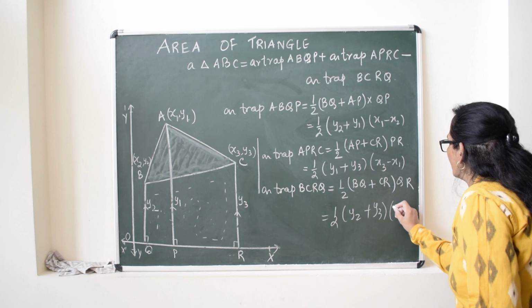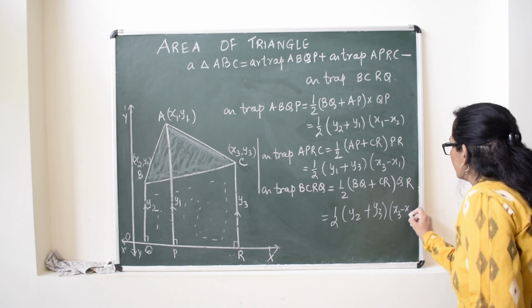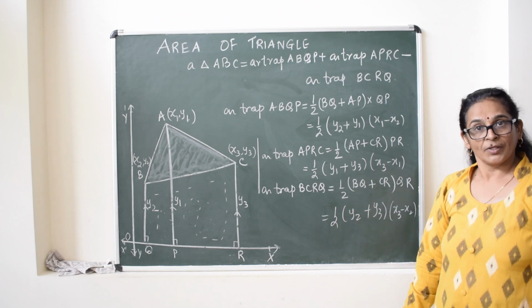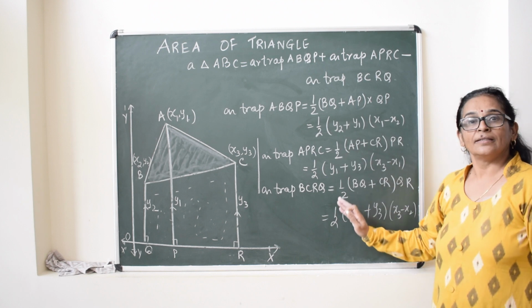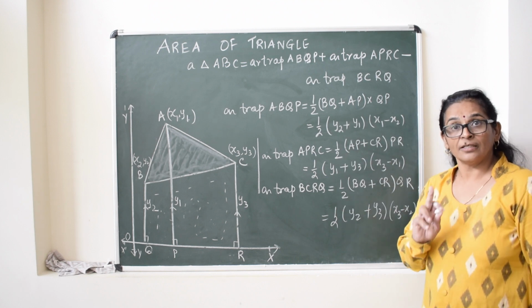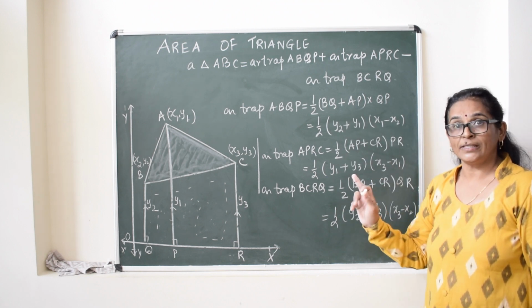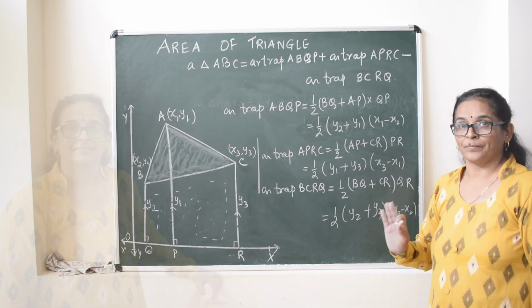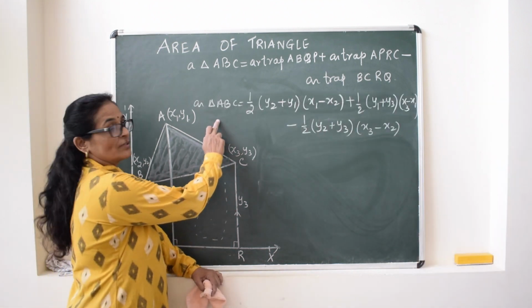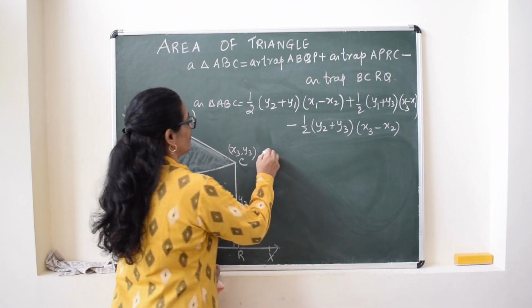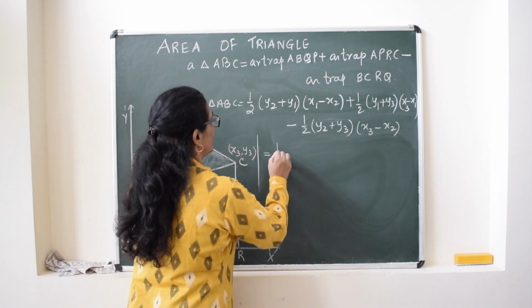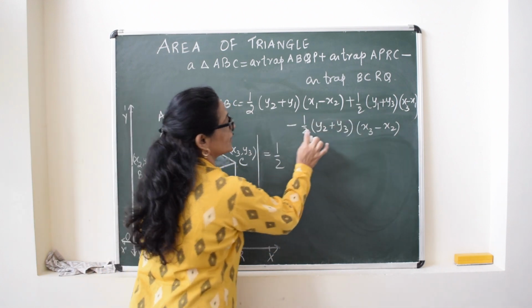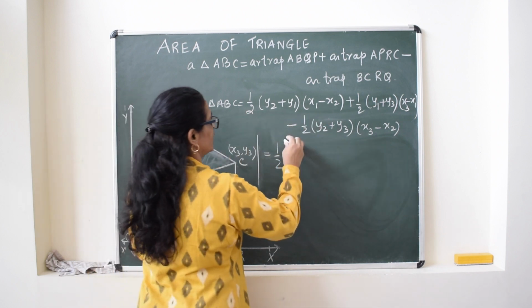So this QR will be x3 minus x2. Okay, so what we have written is the area of the trapezium in terms of the coordinates of points A, B and C. Now we will find out the area of triangle ABC. Half we can take common from all three and open the brackets.